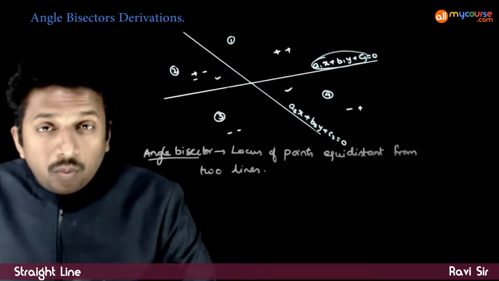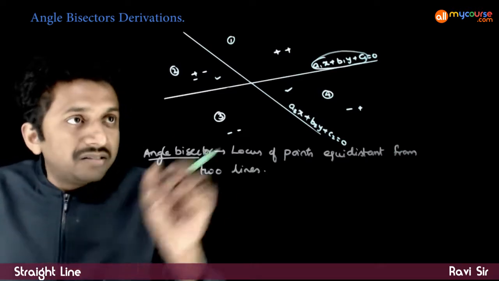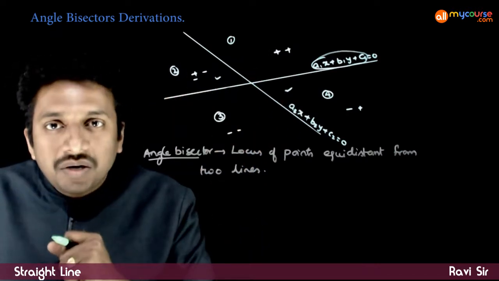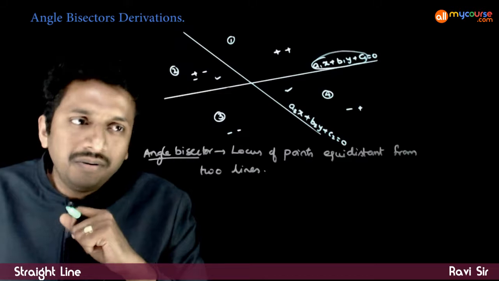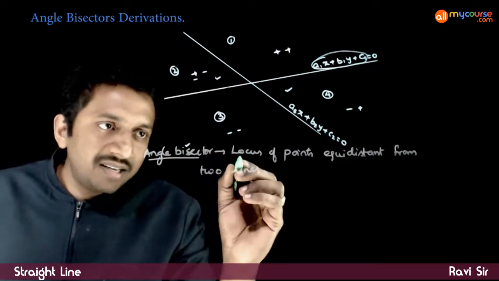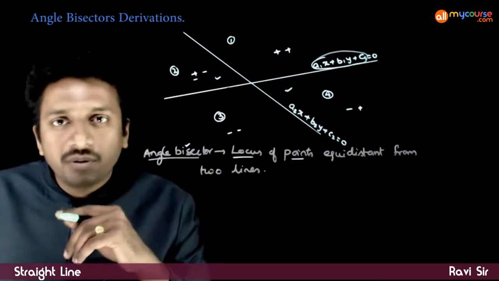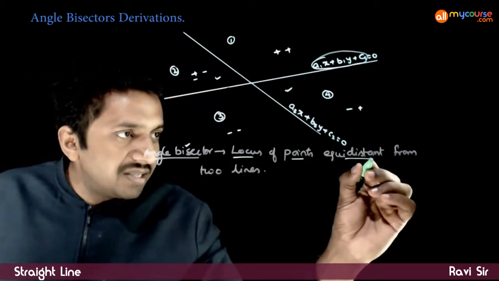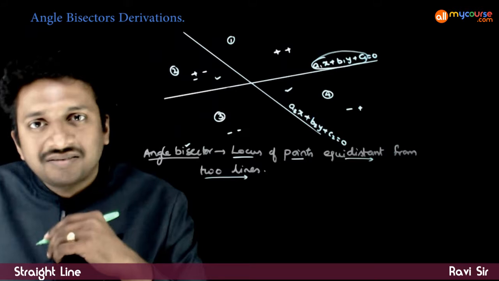Now, what is an angle bisector? If you have two lines, L1 equal to 0 and L2 equal to 0, what is the meaning of angle bisector? The angle bisector is the locus of points equidistant from the two lines.